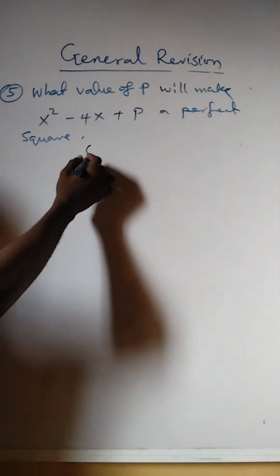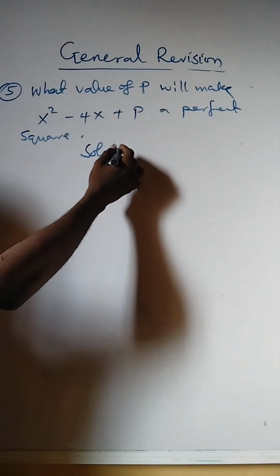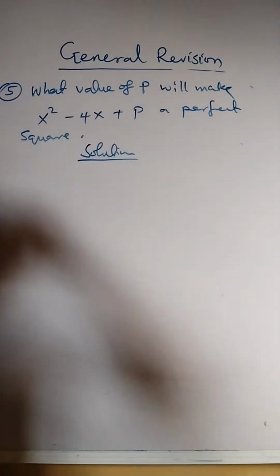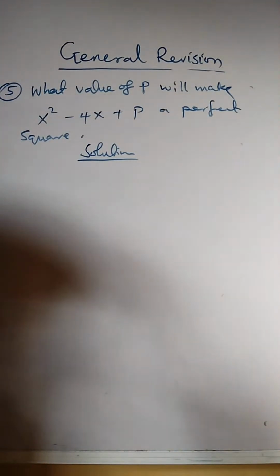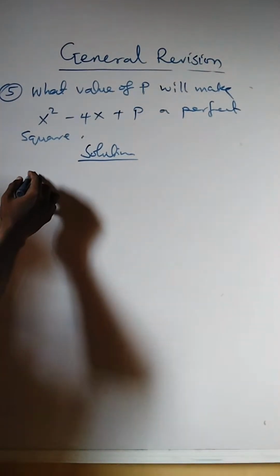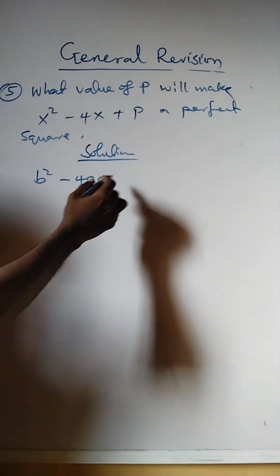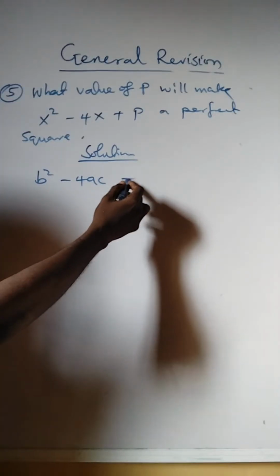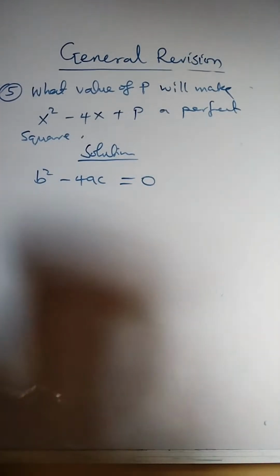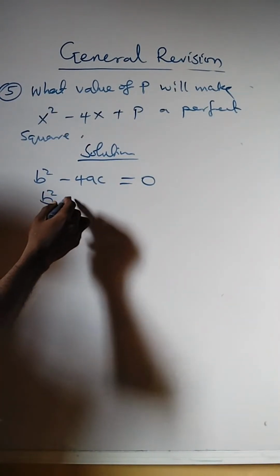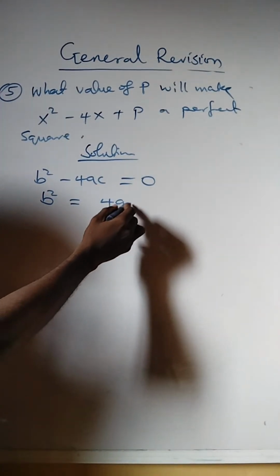Solution: for us to have a perfect square, under the discriminant of the quadratic formula, we have the discriminant as b squared minus 4ac, and this should be equal to 0. That means b squared equals 4ac.